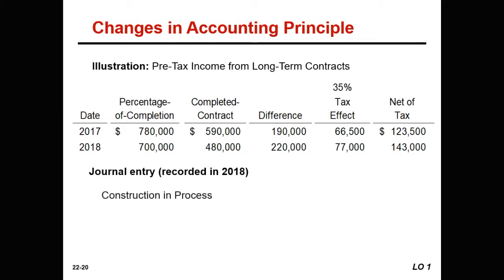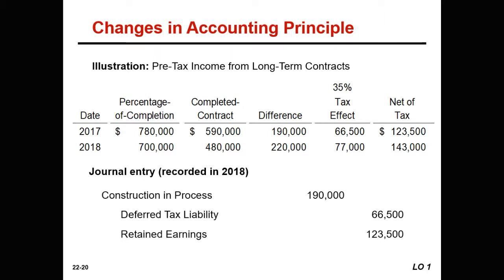So the journal entry that would be recorded in 2018, because we are addressing what occurred retrospectively, is construction in process of $190,000, deferred tax liability of $66,500, and a retained earnings adjustment of $123,500.